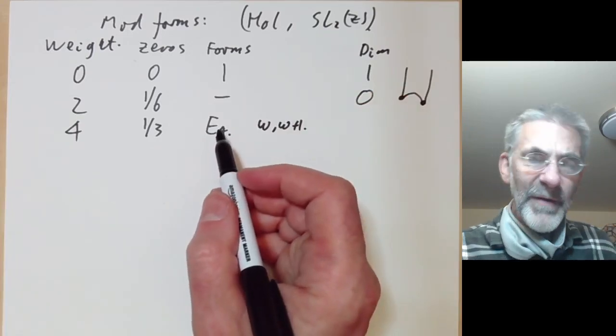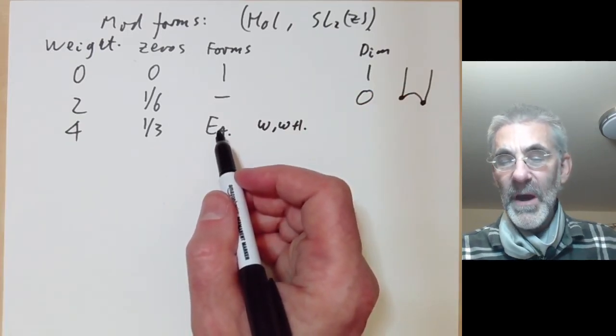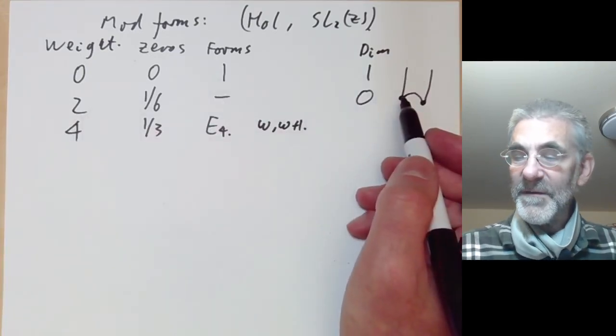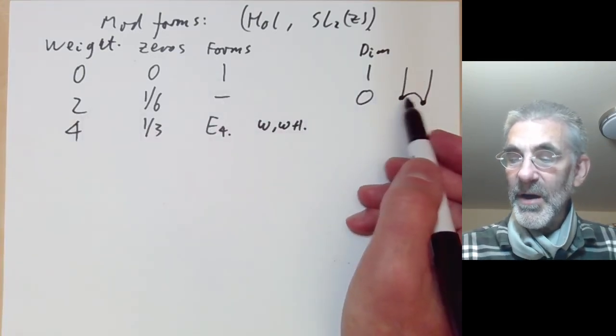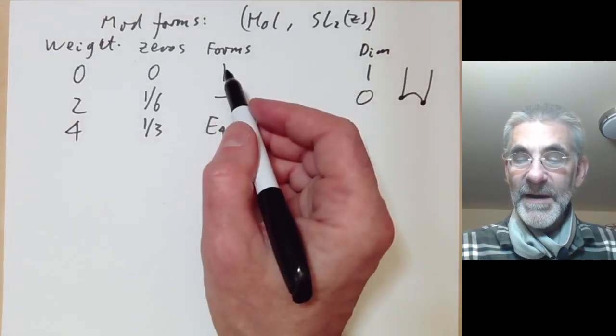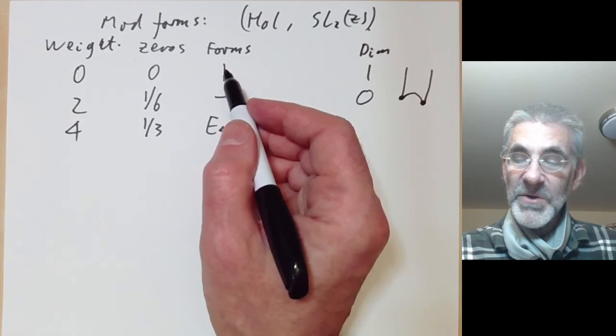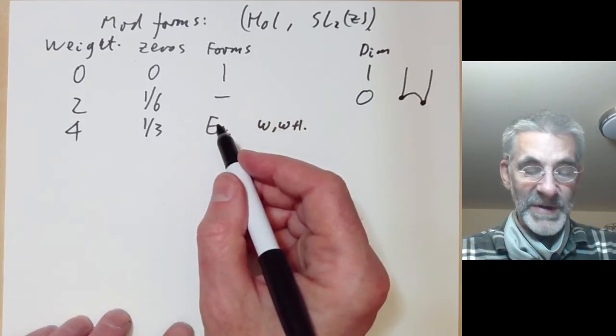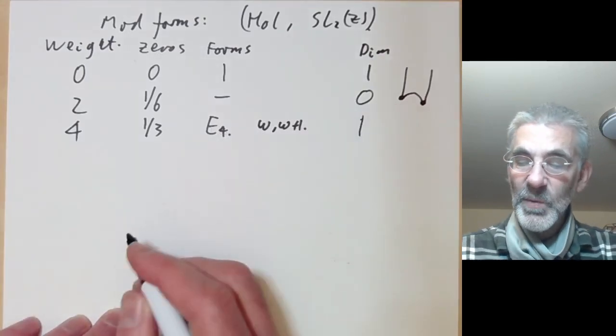And can we have any other forms of weight 4? Well, no, because if we had another form of weight 4, it would also have to have zeros at omega and omega plus 1. So we could divide it by E4, and we'd get a form of weight 0, which has to be constant. So the only forms of weight 4 are multiples of E4, so the dimension is 1.